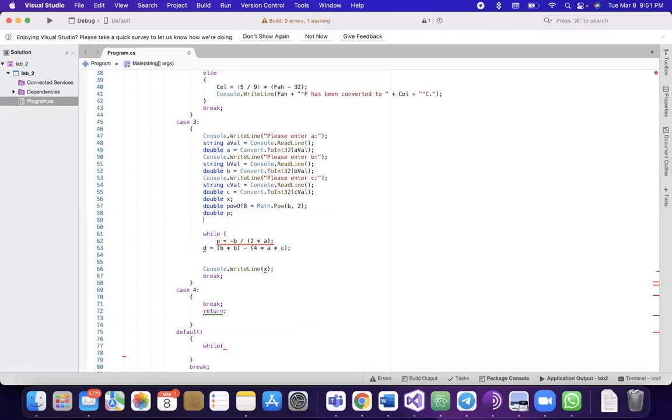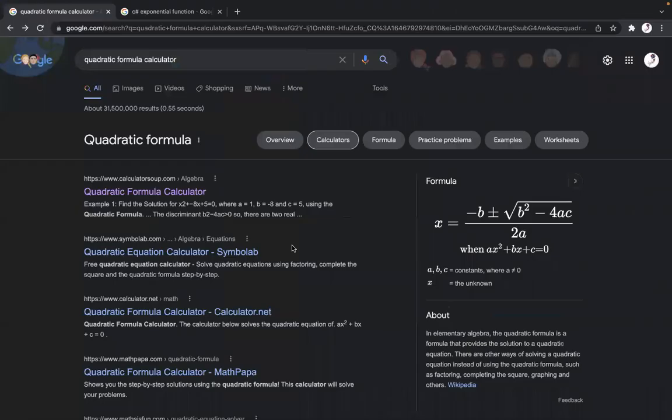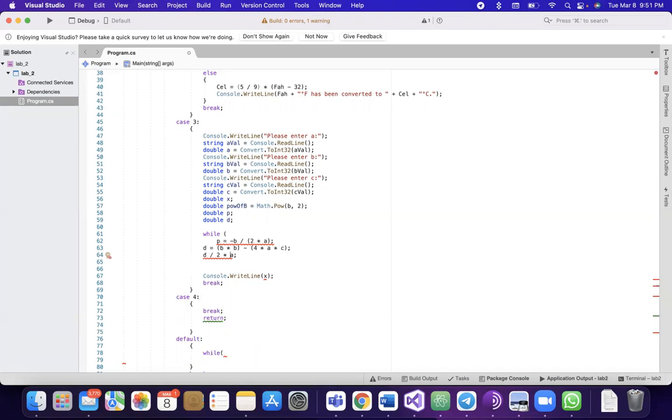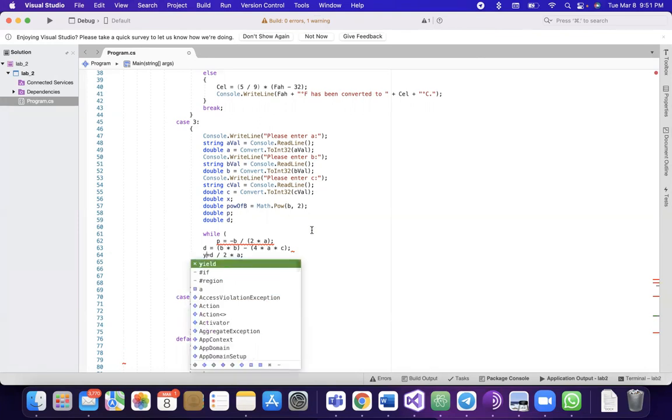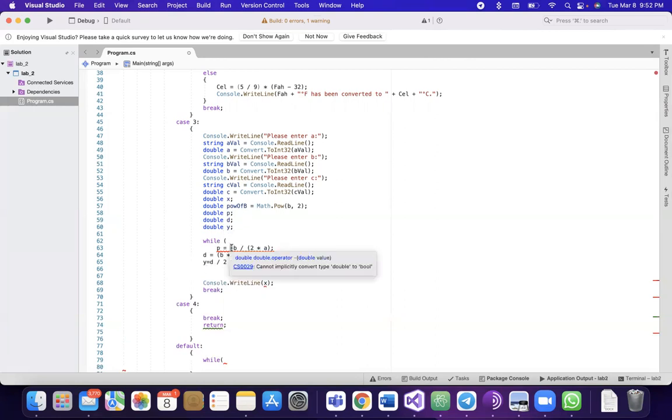E. So what I'm going to do is D divided by 2 times A equals, we'll just say Y. Can you search what this is though? I think this is for square root. I think we're on to something though. We'll give it a few more minutes.